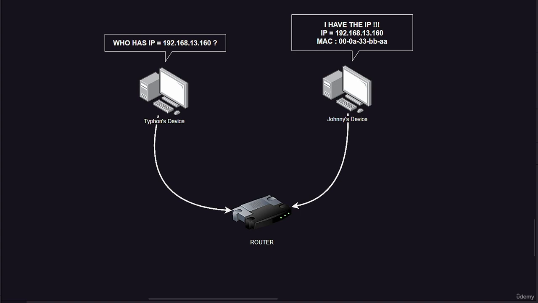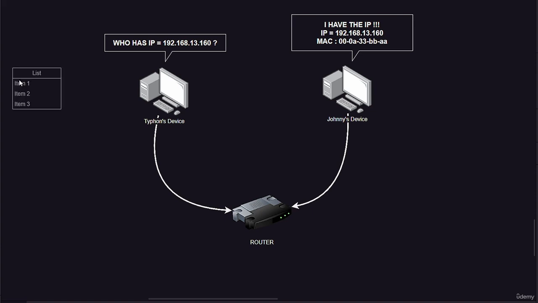Let's say Tayfun's device wants to communicate with Johnny's device in a local network. In order to find the MAC address of Johnny's device, Tayfun's device will first look inside an internal list maintained by it called the ARP list.